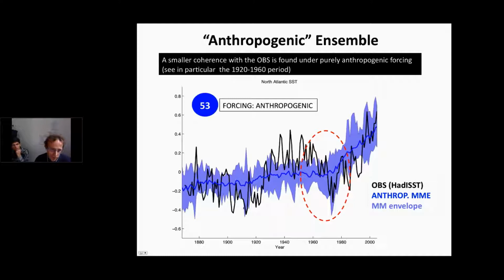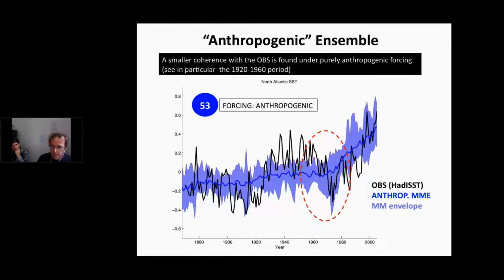First of all, you notice that this envelope is essentially flat during the first half of the modeled record, whereas in the second half of it, there's a hint that the envelope managed to capture this relative minimum in the observed record.